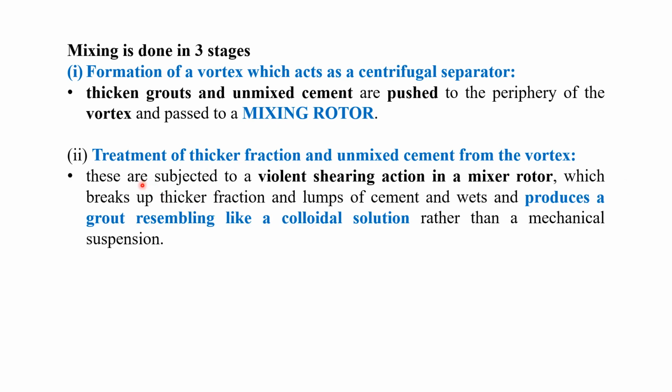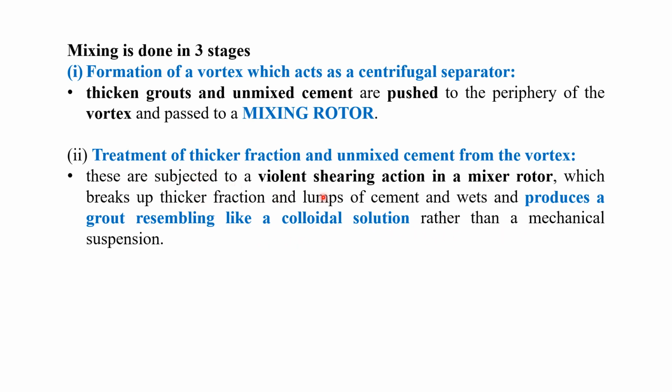In this case, these are subjected to violent shearing action in a mixing rotor, which breaks up thicker fractions and lumps of cement and wets them, and produces a grout resembling a colloidal solution. That type of colloidal-solution-like grouting material is produced rather than a mechanical suspension.